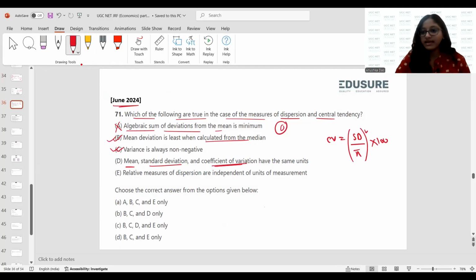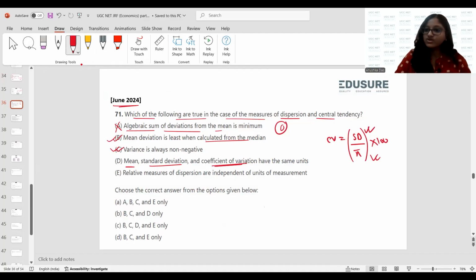SD will have some unit, mean will have some unit, and if you take this ratio, the unit will cancel out. That is why in a relative measure we want to make it a unit-free measure. If you have seen the lecture video I uploaded, and in the paid course also, I have given you the distinction between these two things.